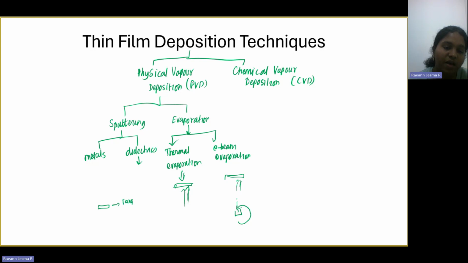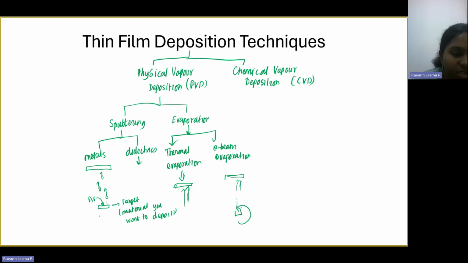Your argon ions will bombard the target and cause atoms or molecules to come away from the target. These will then fall on the substrate and get deposited. So this is what happens in sputtering. It is not line of sight, as your atoms can move in different directions depending on how your argon ion comes in contact with your target.